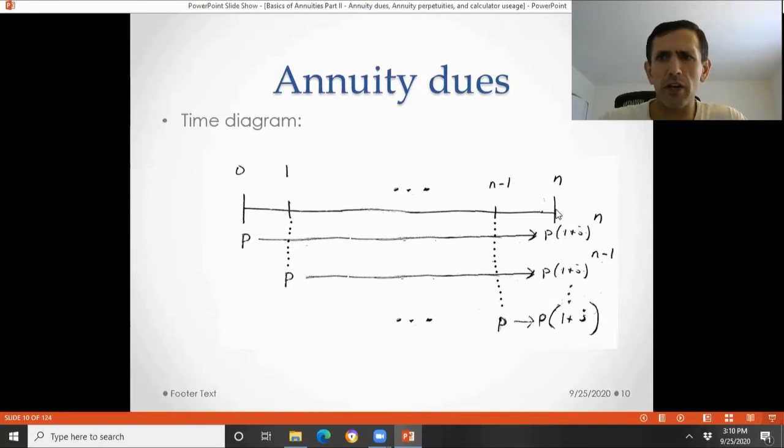So here we're thinking of N payment periods, where payments are at the beginning of each period. The last payment occurs at the beginning of the last payment period, which occurs at t equals N-1.